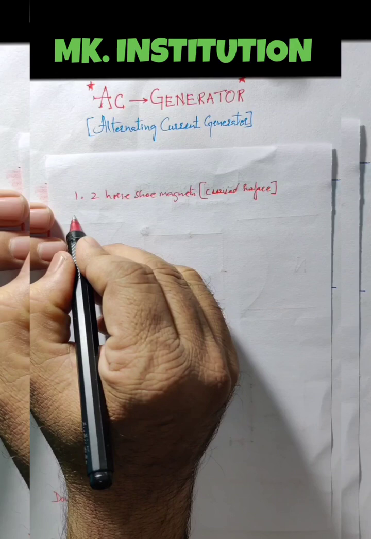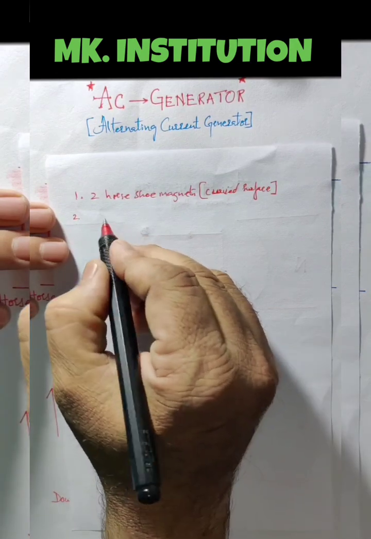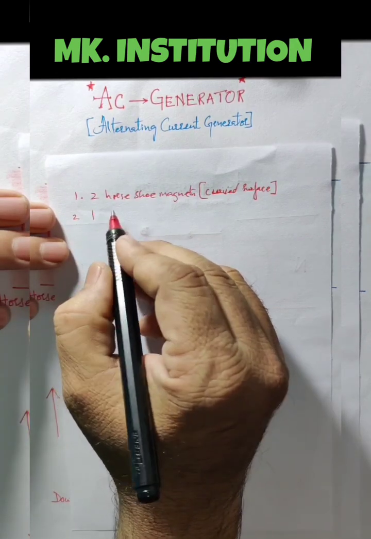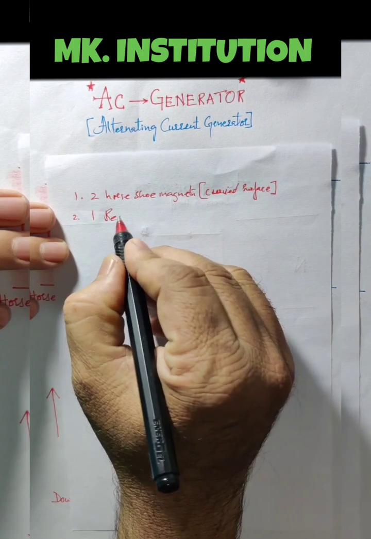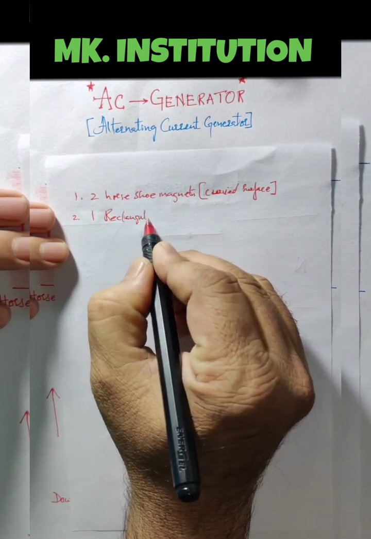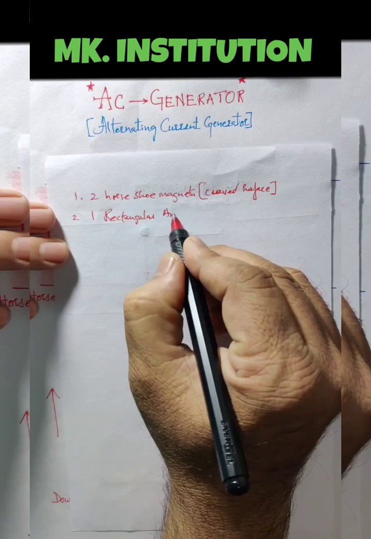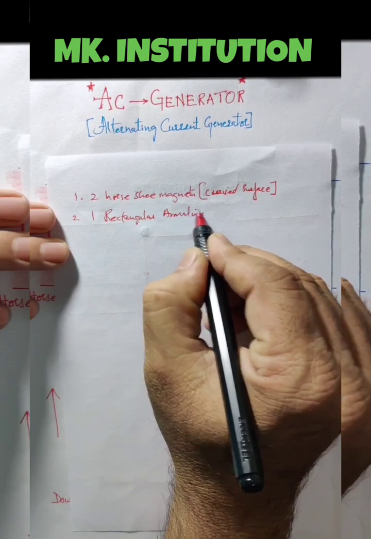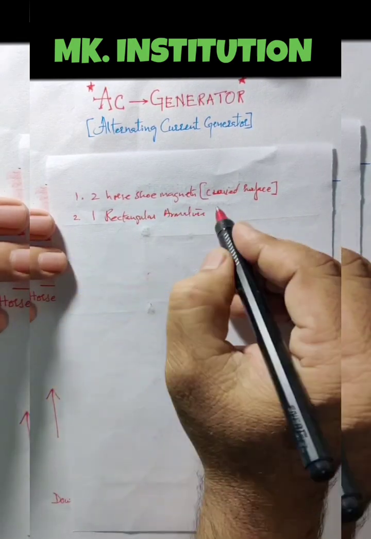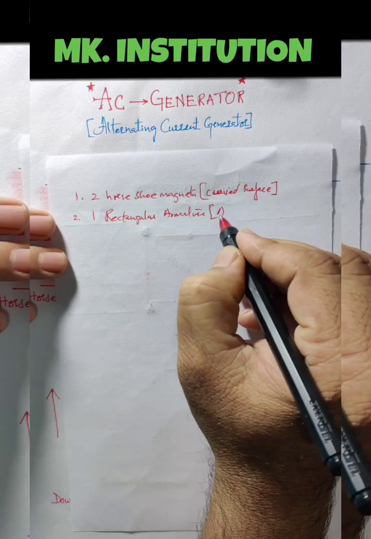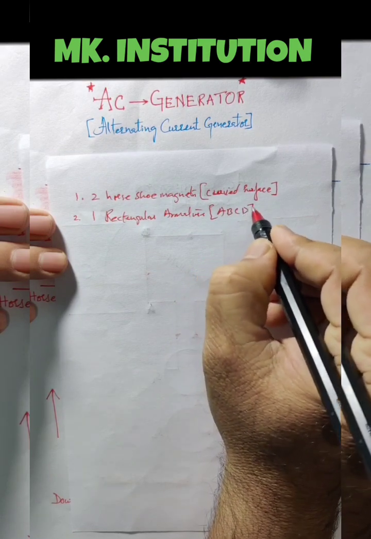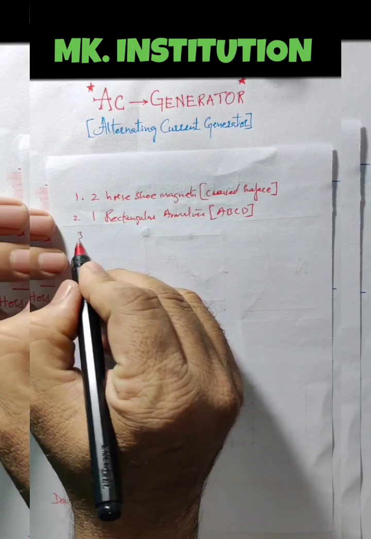And the second one, we have to take one rectangular armature. Clear? That armature we can also give names: A, B, C, D. I'll show you what the armature means. It is nothing but a coil.